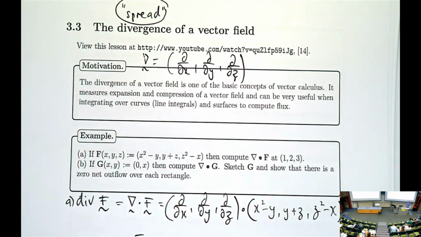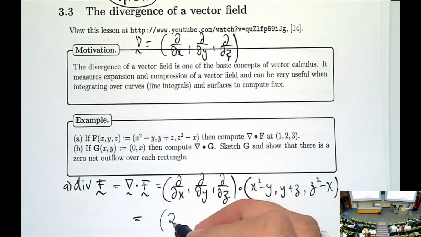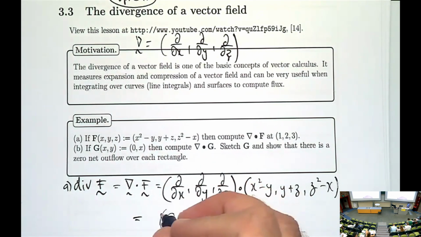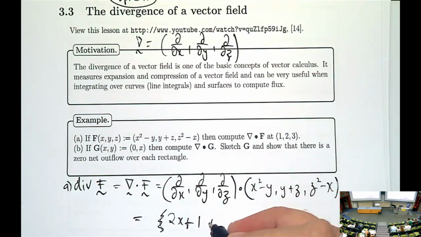All right, so again, this is using partial derivatives, which we saw in the very first lecture. So ddx of that will be what? 2x. Ddy of that's going to be 1. ddz of that's going to be 2z.